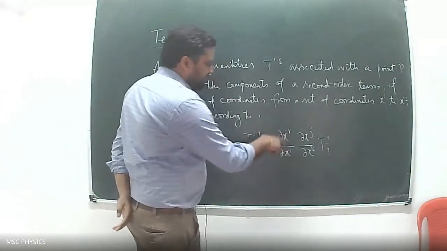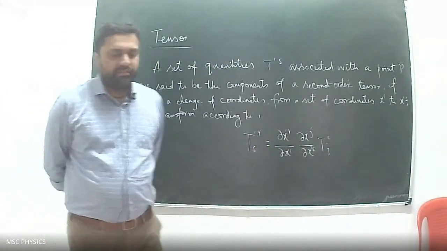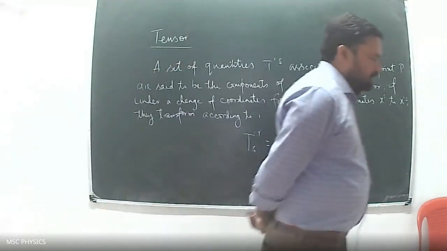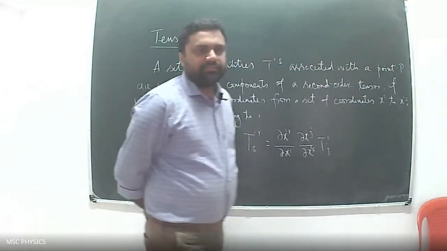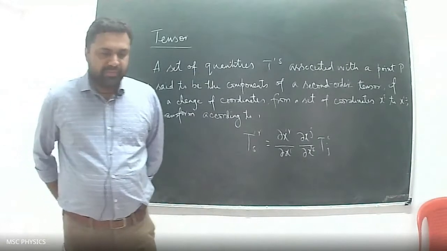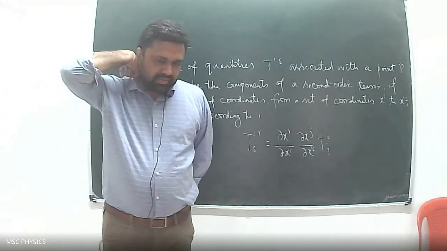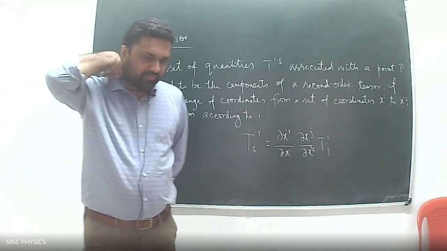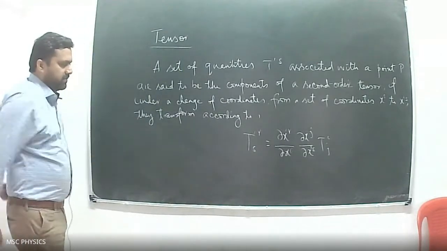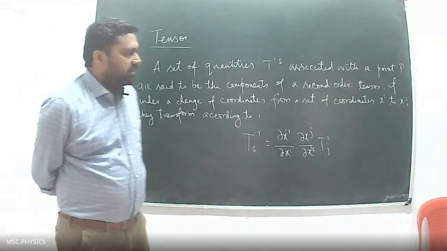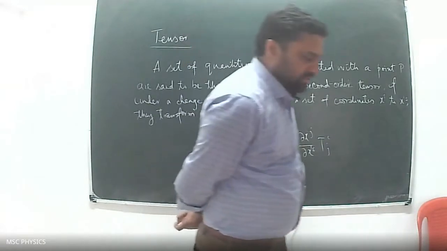The partial derivatives are evaluated at point P. So this is the definition of tensor, and the book I will be referring to we already have in Drive. You can note it down. We will do some exercises on tensor.